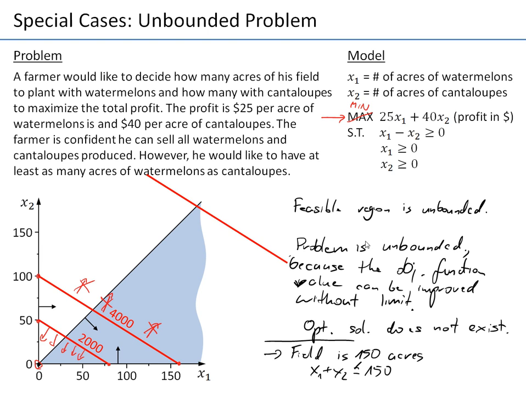So the thing to remember is, when you have a feasible region that is unbounded, you still have to see the objective function to decide whether the problem is unbounded or whether the problem has an optimal solution in one of the corner points.